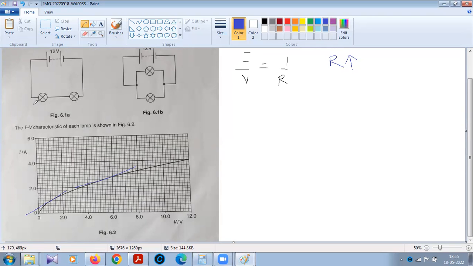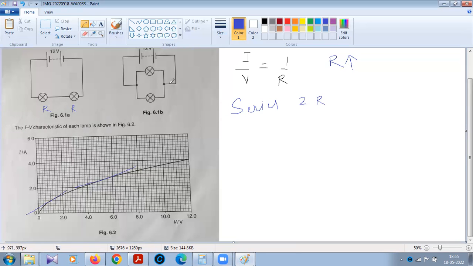See, in series the resistance is the highest, and in parallel, what will happen? Suppose its resistance is R. In series, the total resistance will be 2R, it will get added up.